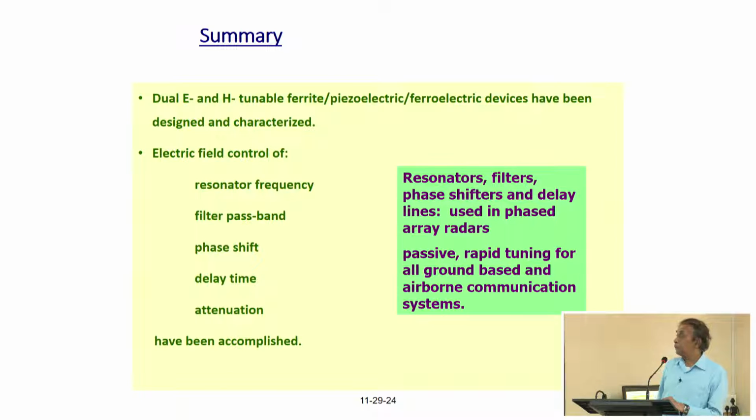And so we also looked at voltage tuning of resonators, filters, both passband and stop band filters, phase shifters, delay lines, and attenuators. The advantage with voltage tuning is that it's passive. That means it requires very little power. PZT has a very high resistance, and when you apply voltage, there is very little current.